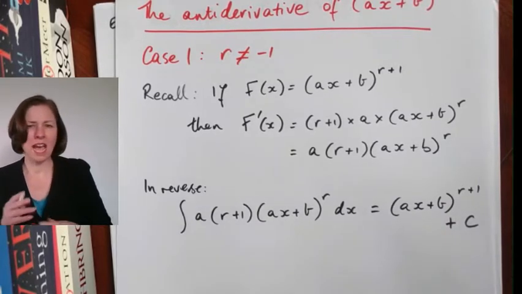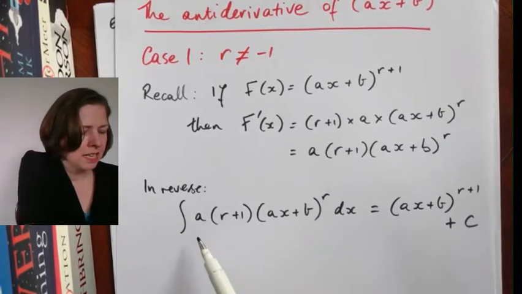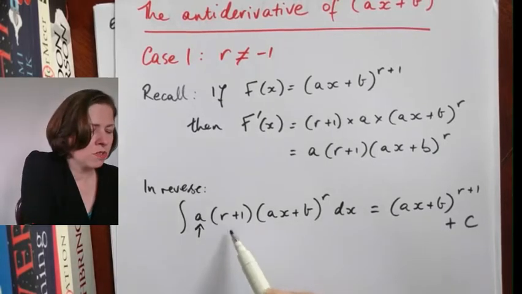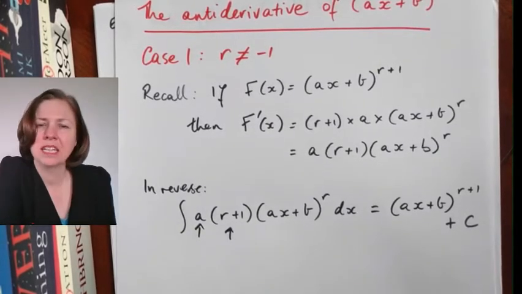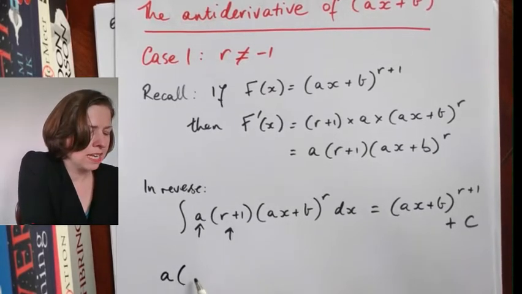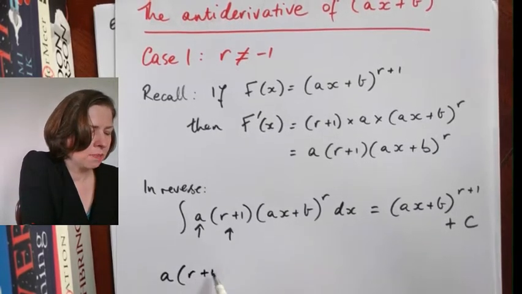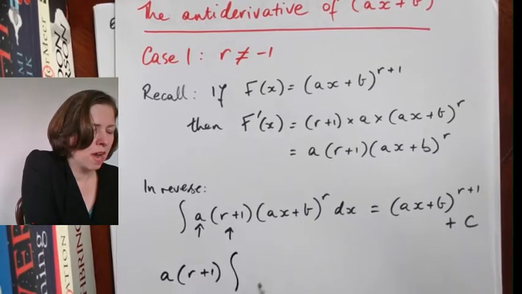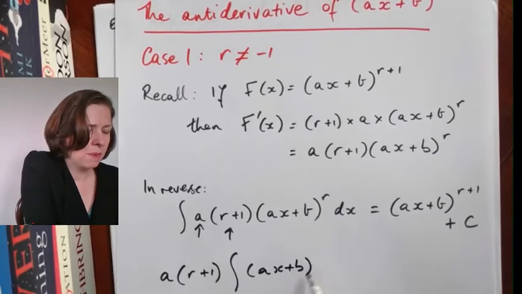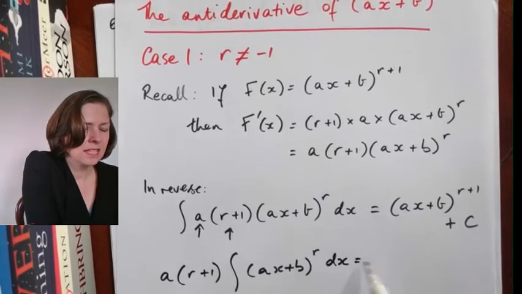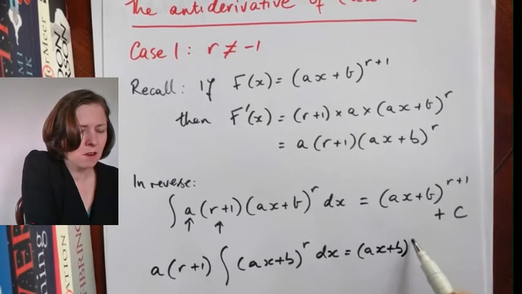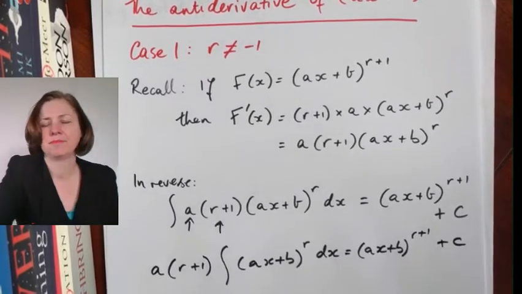So if I now bear in mind that this a is a constant number and also this r plus 1 bracket is a constant number, then I can take those out of my integral, a times r plus 1 multiplied by the antiderivative of ax plus b to the power of r dx, and that will still be equal to that right hand side, ax plus b to the power of r plus 1 plus c.